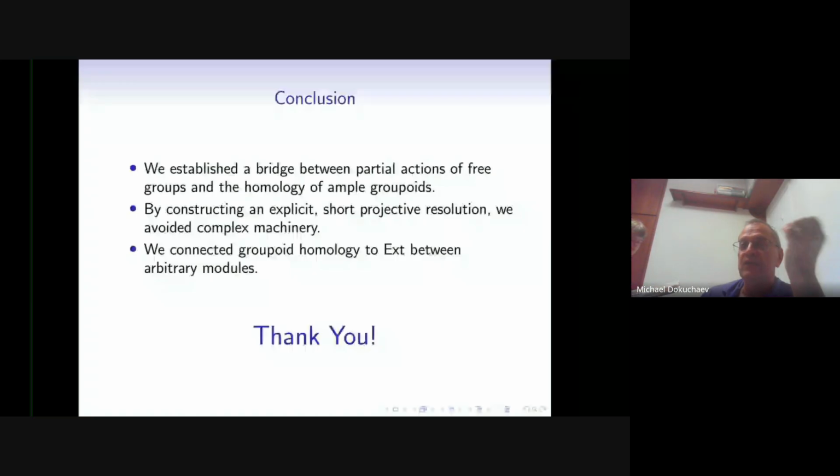And it transforms into a module of the partial group algebra by the conjugation action.